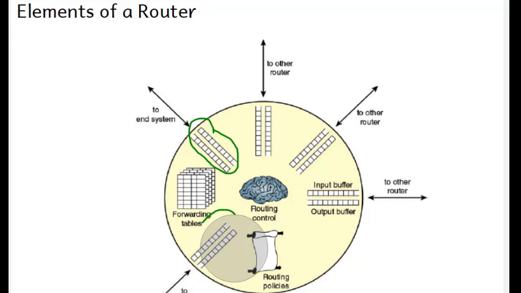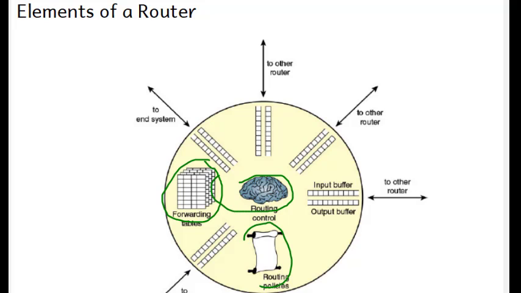It will also have a forwarding table. This table is created by using the routing protocols, and from this forwarding table the router will know where to forward the packet. Then there is routing control and some routing policies. The routing tables are created based on the routing control and the routing policies.